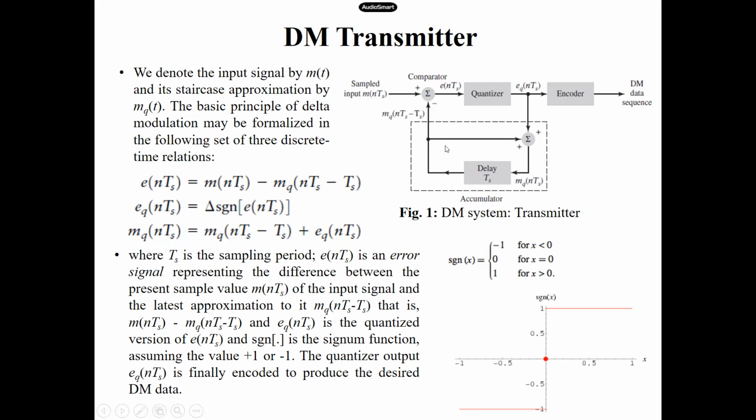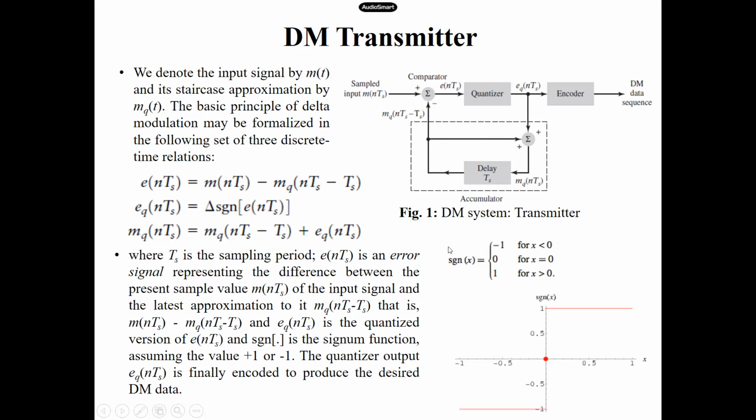So mq(nTs) is the sum of these two signals, where Ts is the sampling period.